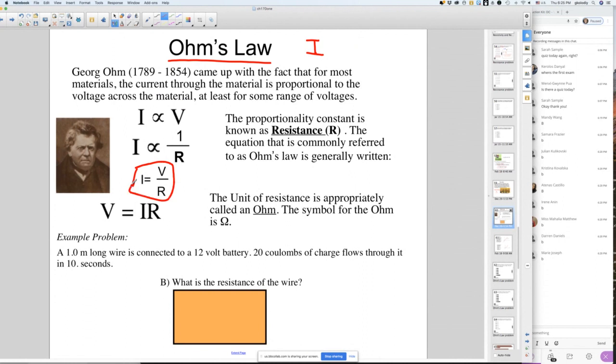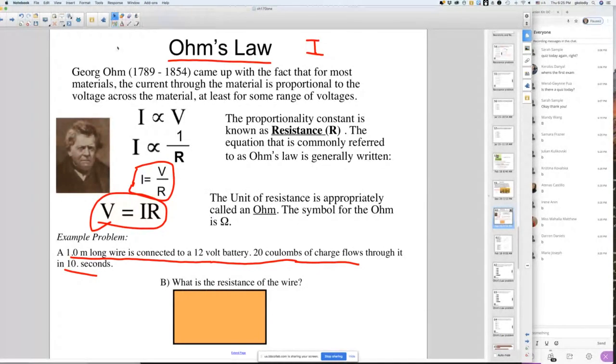There's a current flowing through a circuit, and I'm sure you did this already in lab, or writing it a different way, the voltage across a resistor would be the current going through the resistor times the resistance. So for example, let's say we have a 1 meter long wire connected to a 12-volt battery. 20 coulombs of charge flows through it in 0.1 seconds. What is the resistance of the wire?